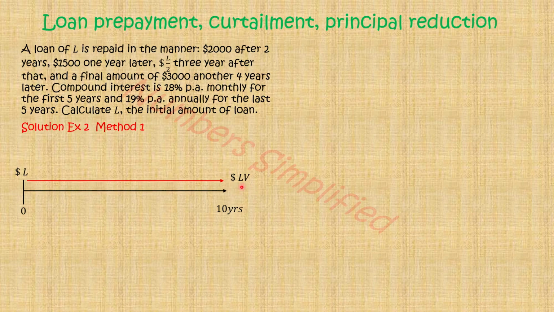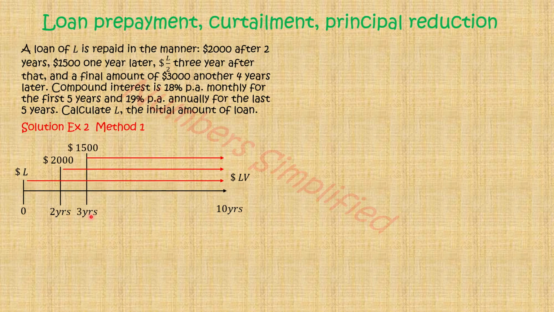The second thing is, we know that after 2 years, there was an amount that was paid in order to reduce the value of the loan. So that 2,000 is going to accrue some interest, so that at the end of the period, the 10 years, that 2,000 is going to help in clearing the loan.